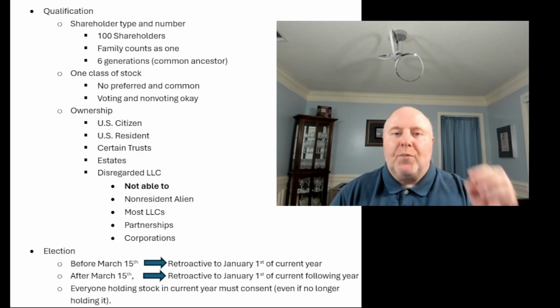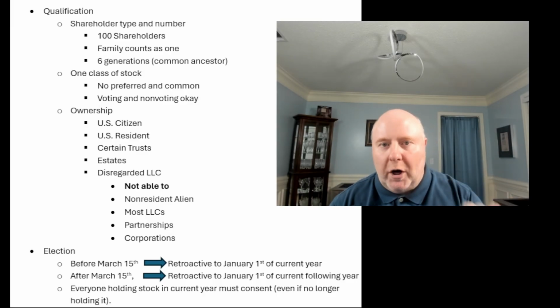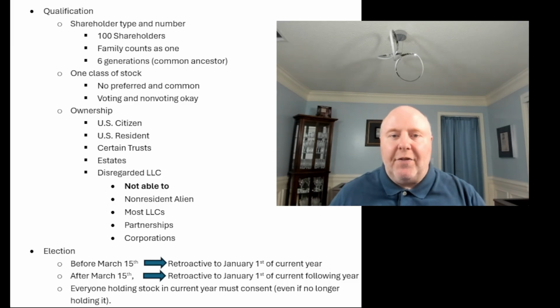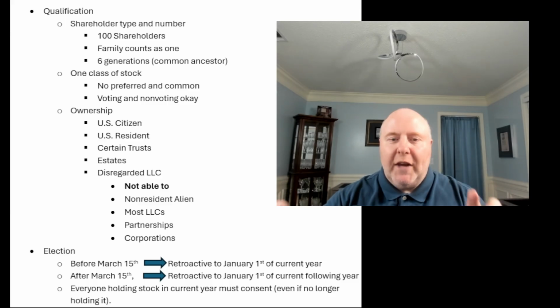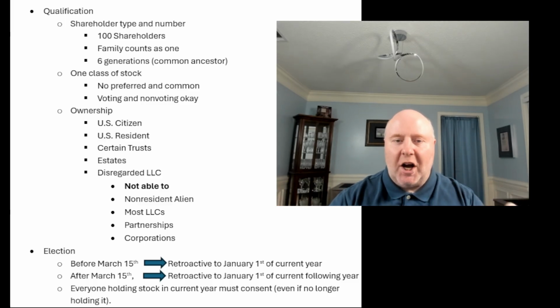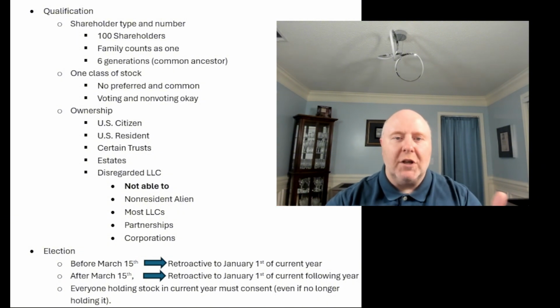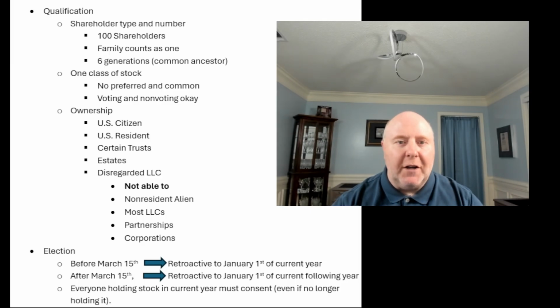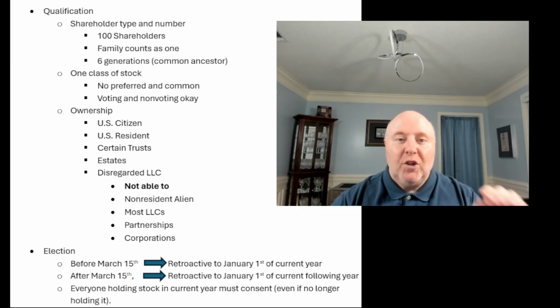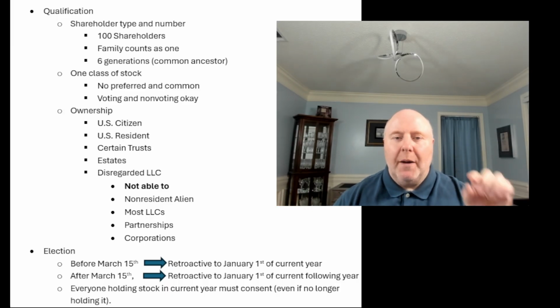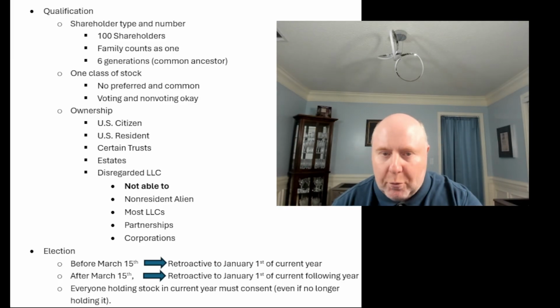Second thing, an S corporation can only offer 1 form of stock. Now this trips up students, so please pay attention here. You cannot have preferred and common stock. Okay, so you can't have a type of stock that gives any preference to one shareholder over another. So like preferred, it could be dividend preference or liquidation preference or whatever. We can't do that with an S Corp, but we are able to do this.